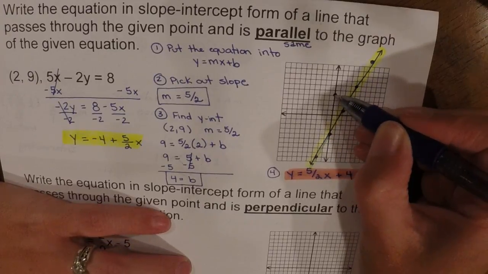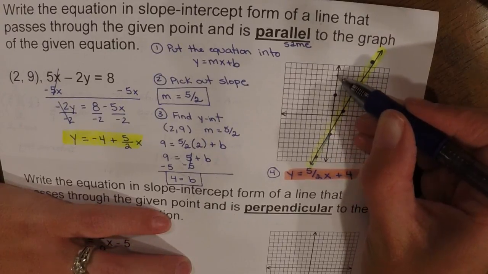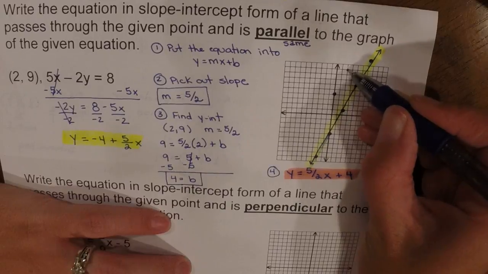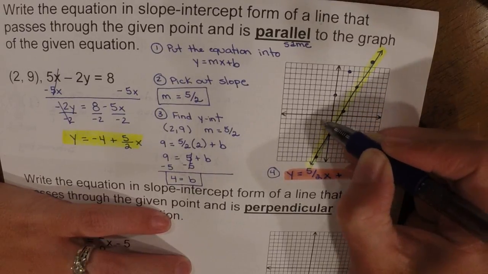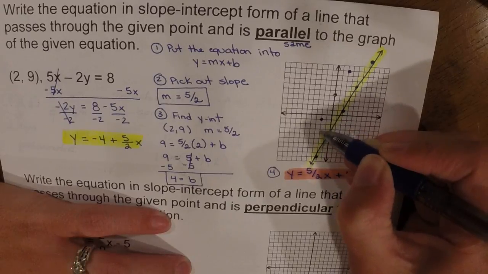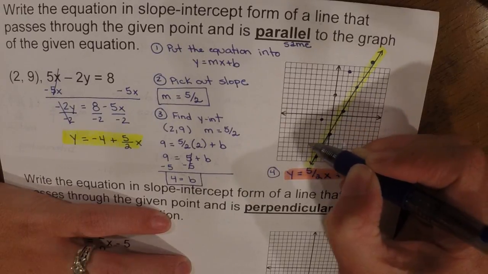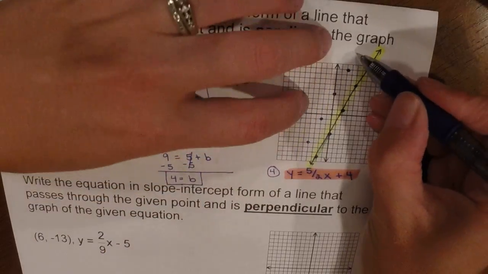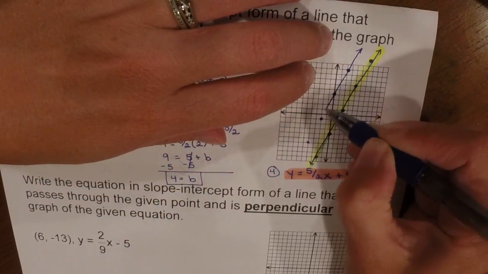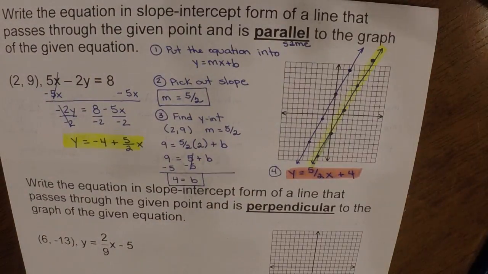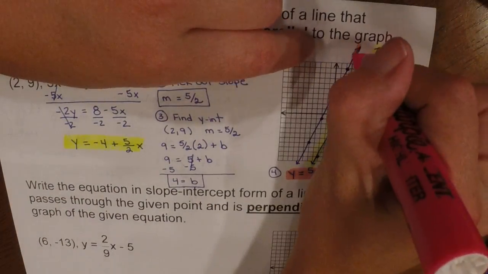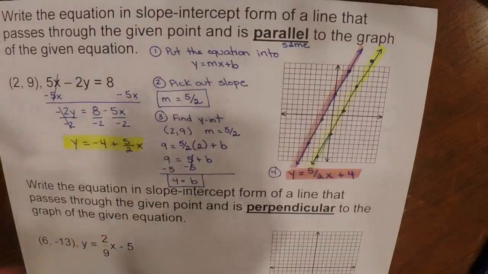And now I'm supposed to go up 5 over 2, or down 1, 2, 3, 4, 5, left 2. So now this is our new line. Well, if you notice, they are indeed parallel.